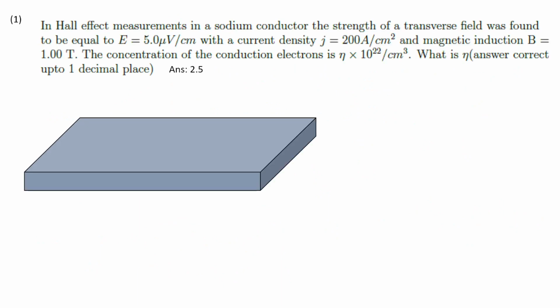Now let us go to the previous year assignment 5. The first question is about Hall measurements, where a sodium conductor is given and a transverse field. Let's say this is that sodium conductor.